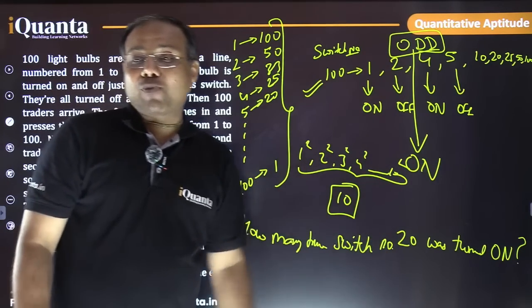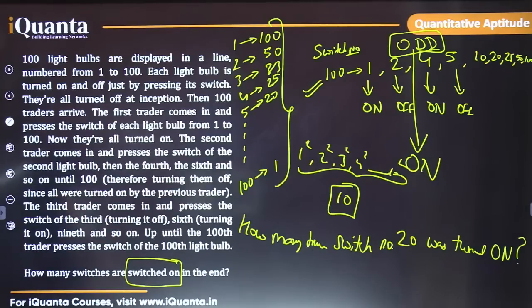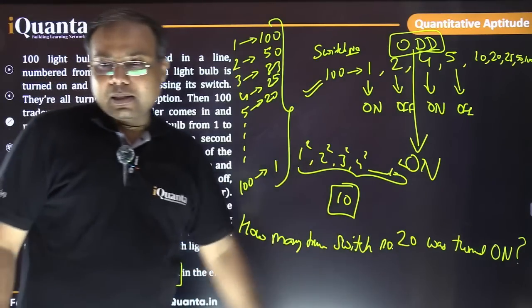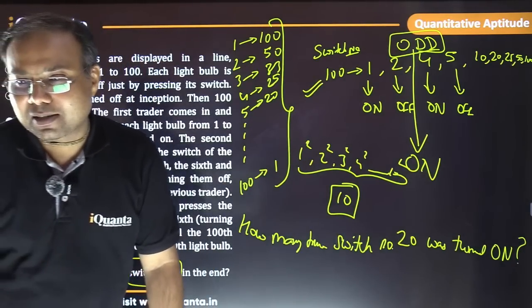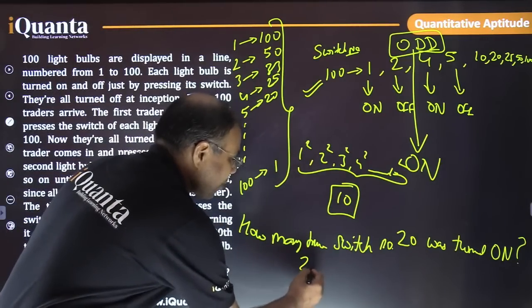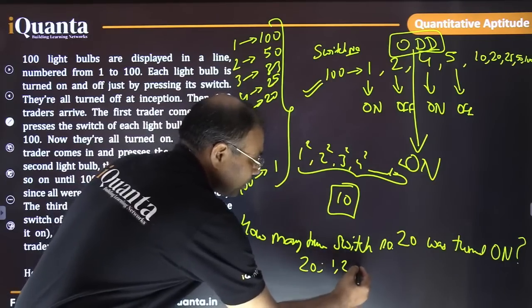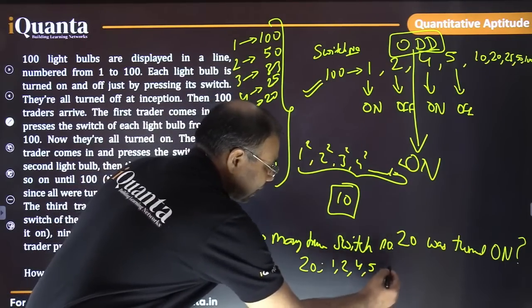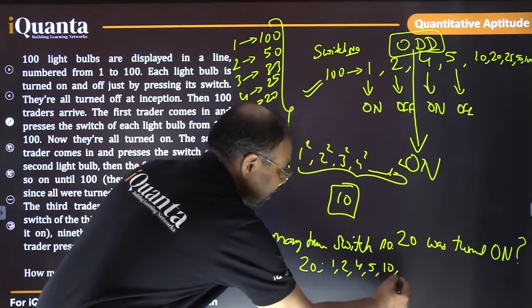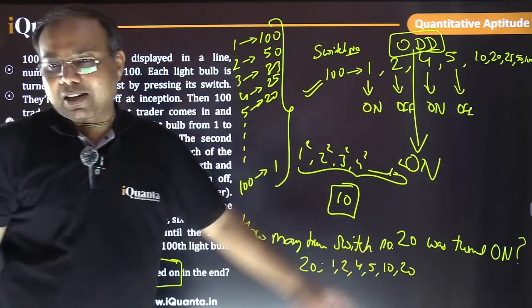So how many people will come to switch number 20? How to get to know? How many traders will visit switch number 20? I just need to calculate the factors of 20. So what are the factors of 20? Let me write the factors. 1, 2, 4, 5, then what? It is 10 and 20. We could have calculated by doing prime factorization also. There are 6 factors, right?